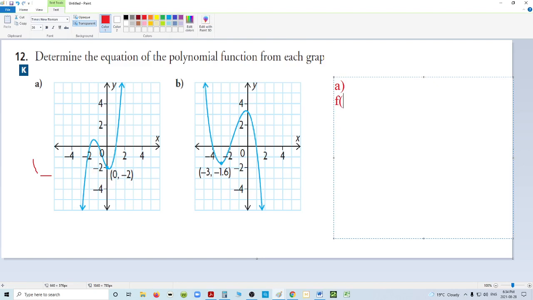It's going to be f of x is equal to a, and it's going to be x plus 2 and x minus 1. And there's also an x plus 1 in there right away, and then I can figure out my a from my clean point.